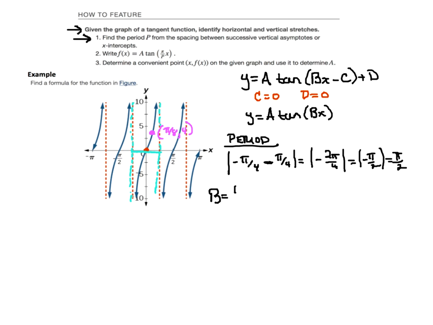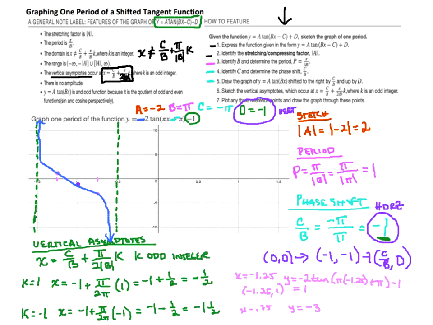Okay, now to figure out what my B value is, I know that my B value is equal to pi over my period. And that just comes from, if I have my period equaling pi over the absolute value of B, and I multiply both sides by B, we'll just say it's positive, so B times the period, those B's divide out, and now I have BP equals pi.